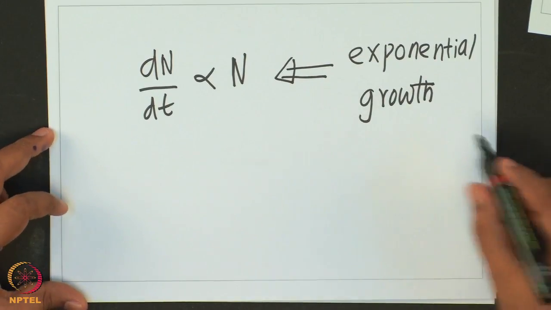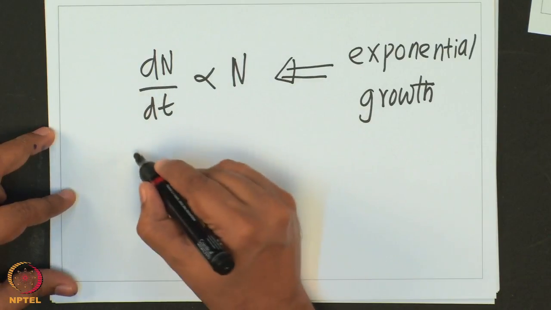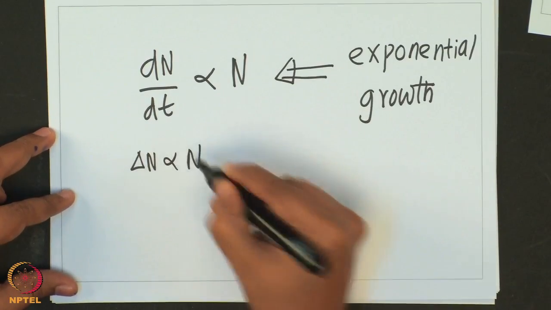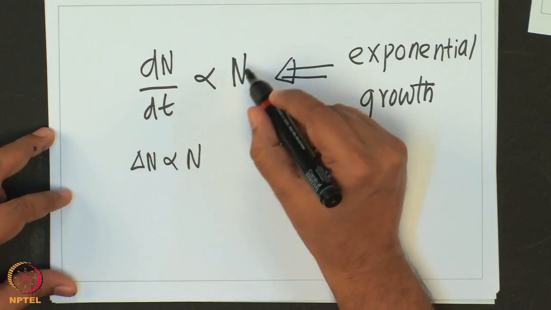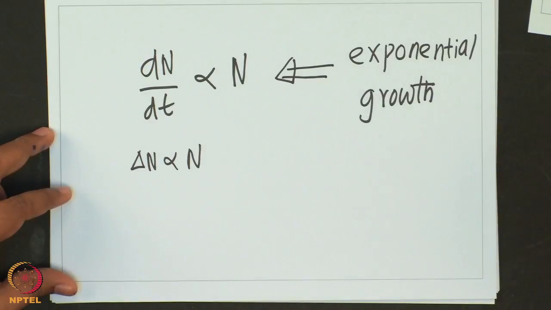Whenever an exponential growth happens, the delta n would be proportional to n itself, so dn by dt would be proportional to n itself, which is obvious because the more number you have, they all can divide at the same time. If there are 1000 bacteria, all 1000 can divide almost simultaneously. If it is E. coli, roughly within 20 minutes, all 1000 would divide.